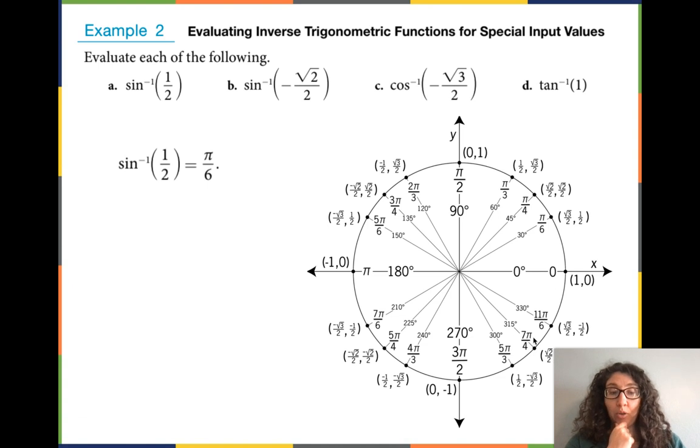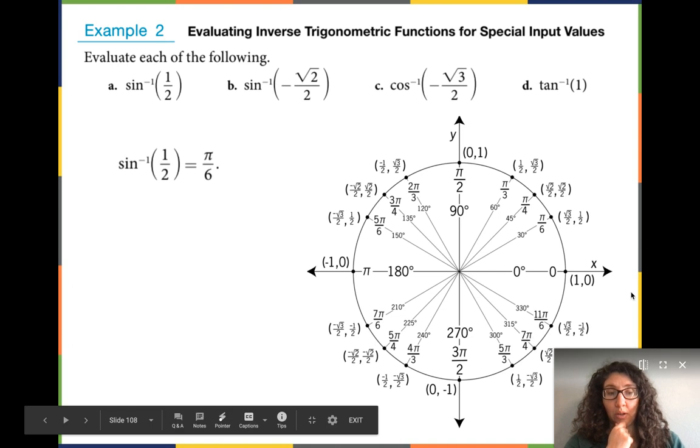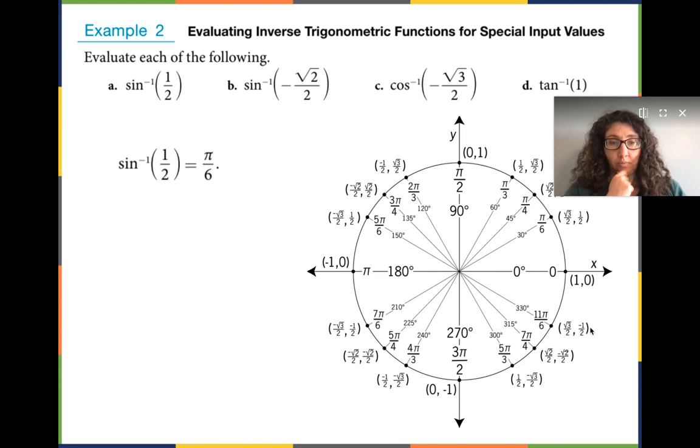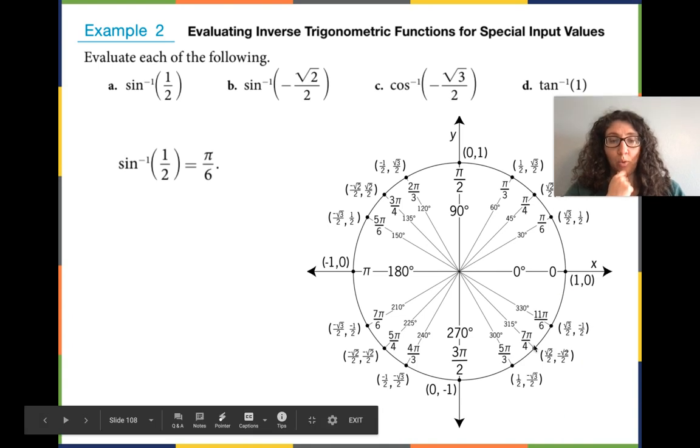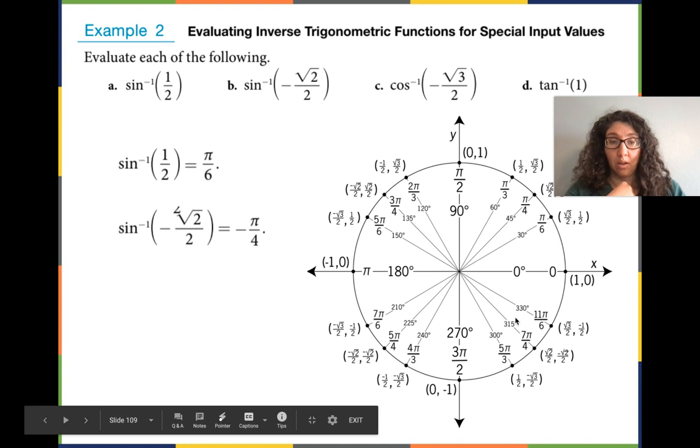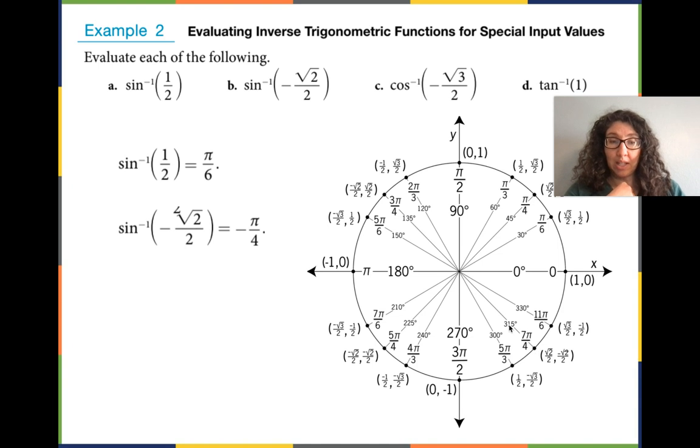But the angle that we're looking for that gives us negative square root of 2 over 2 here is 7 pi fourths. Is 7 pi fourths the way we refer to this?